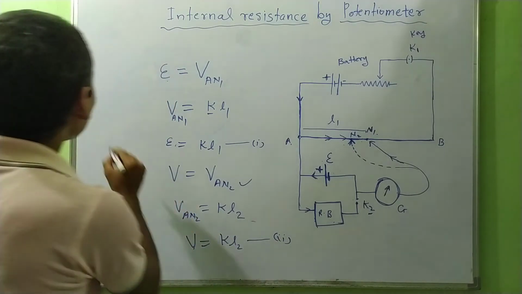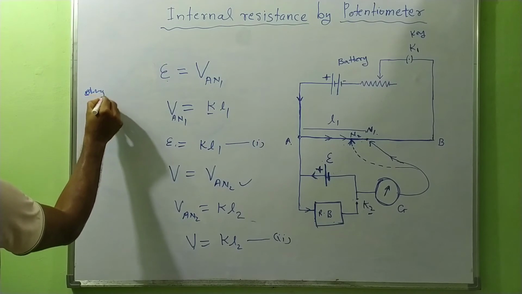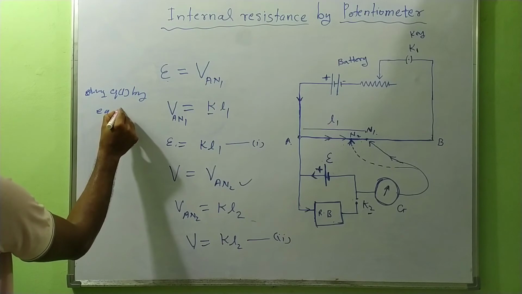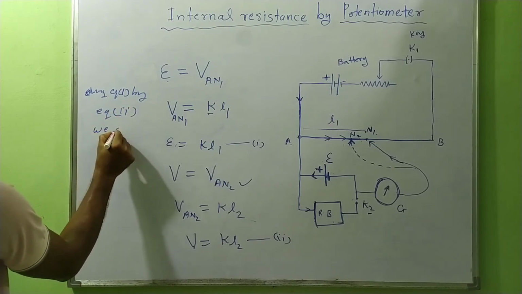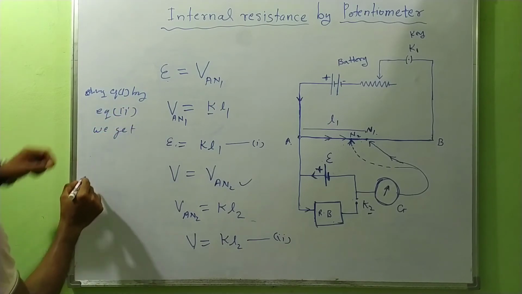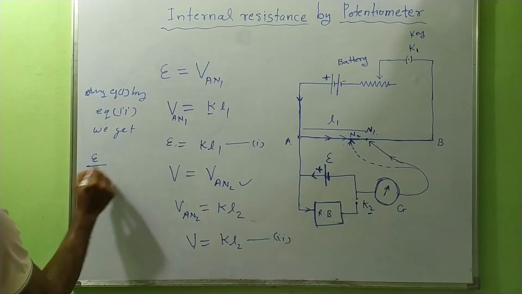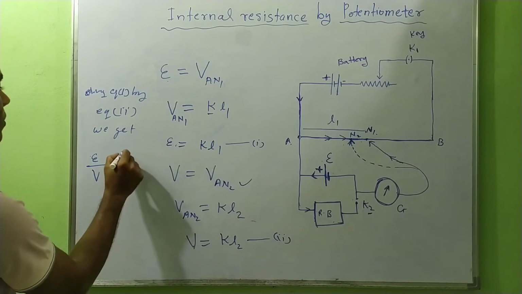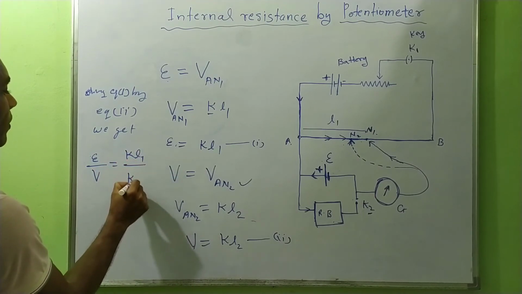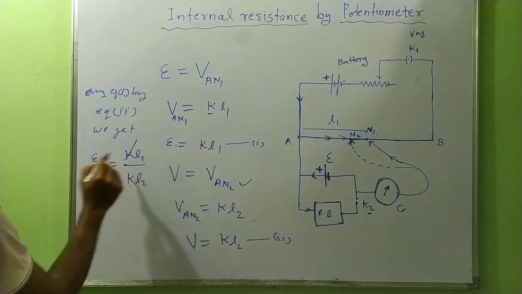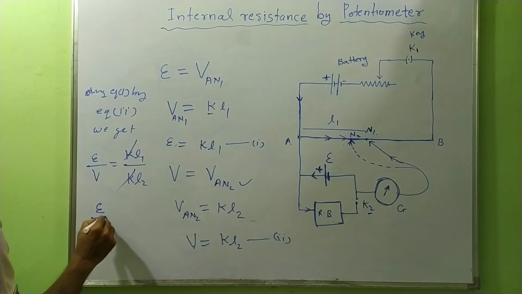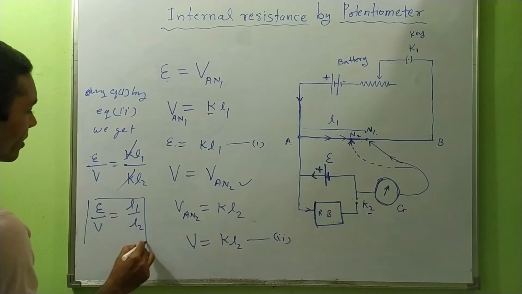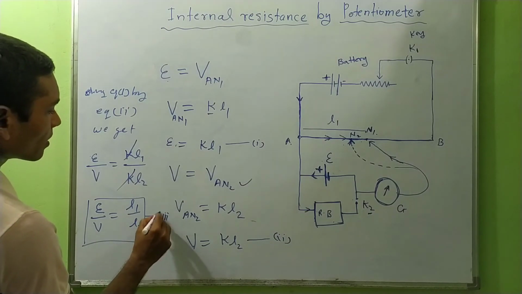Now dividing equation first by equation second, we get epsilon upon V equal to K L1 upon K L2. K cancels K, then epsilon upon V will be equal to L1 upon L2. Let this be equation third.